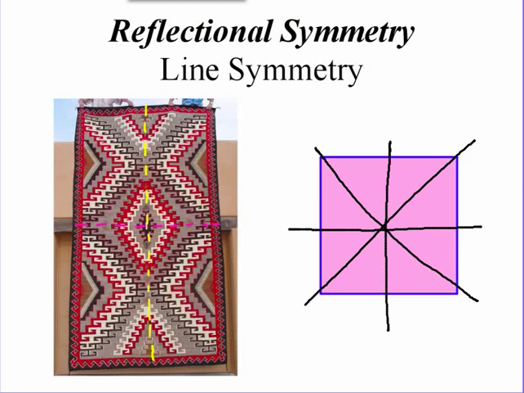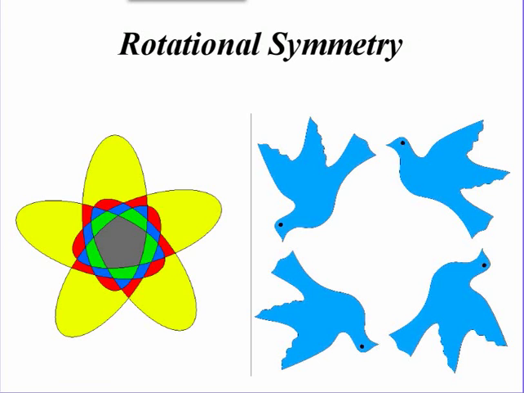So the next one we're going to talk about is rotational symmetry. Let's look at the one on the left. My original figure has been rotated how many times around? 5. Okay. So what I've done is I've rotated that figure around 5 times.